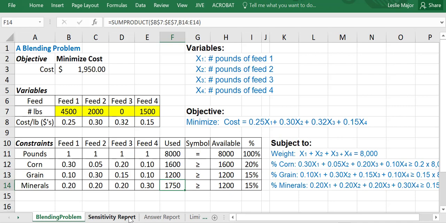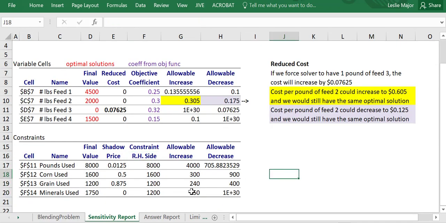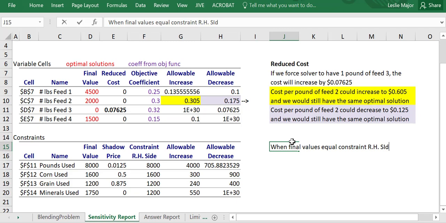So let's see what that looks like in our sensitivity report. You'll notice these three final values are equal to the constraints. A little note here: when final values equal constraint right-hand sides, then those constraints are binding, we say.